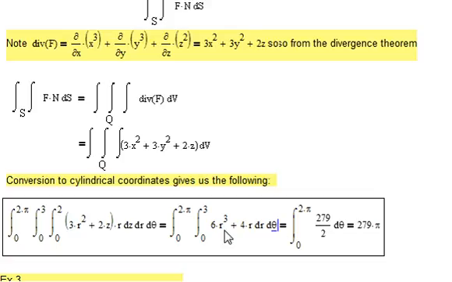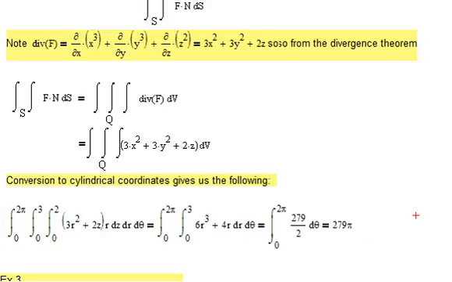Integrating that would give us something like 3 halves r to the 4th plus 2r squared, and r going from 0 to 3, trust me, we'd wind up with 279 halves d theta. Trust me on the arithmetic. And so evaluating that, theta going from 0 to 2 pi, we just wind up with 2 pi times 279 over 2, so that's 279 pi.